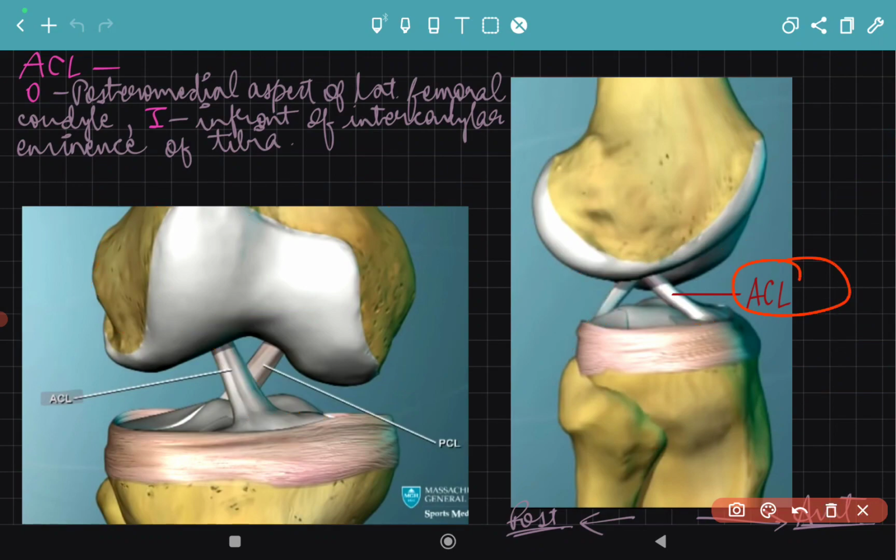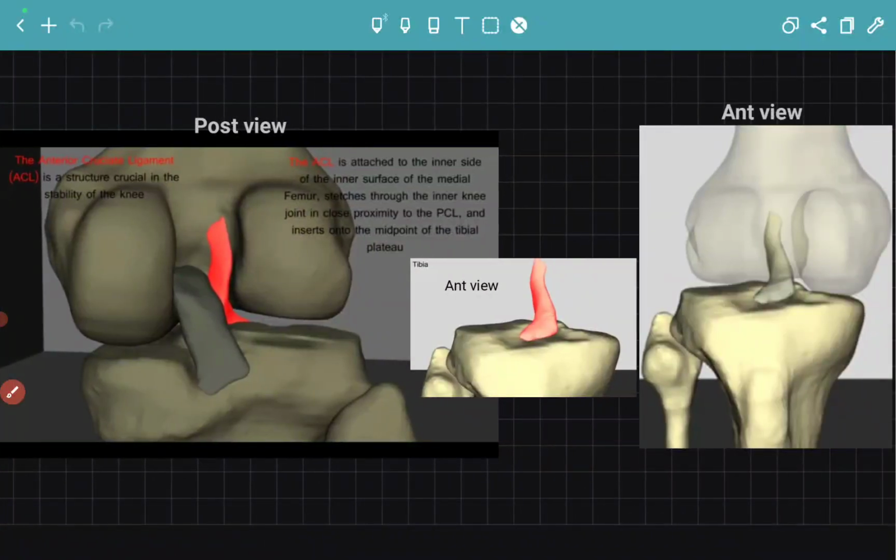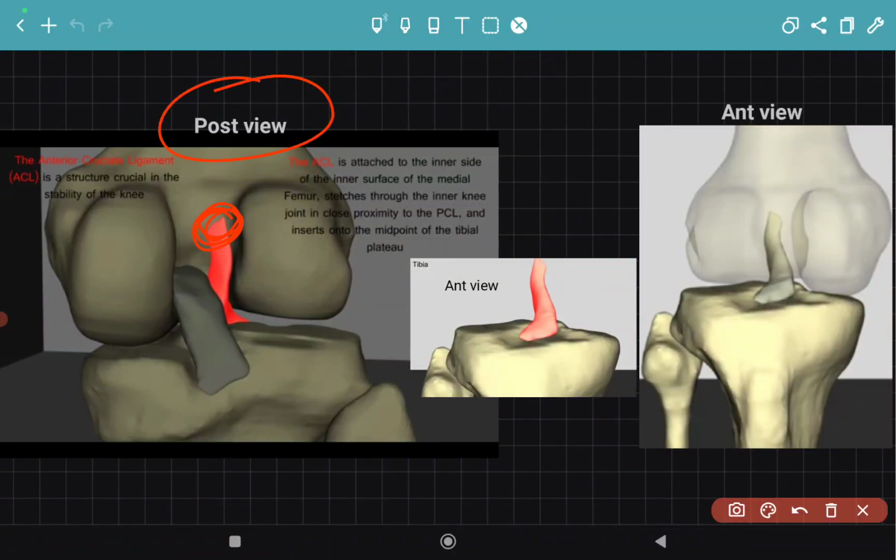Now focusing on the ACL, in the lateral view we can appreciate that this is the anterior side and this is the posterior side, and the ACL is coming this way, from here over here. In the posterior view it can again be appreciated from the posteromedial aspect to the front of the intercondylar eminence.